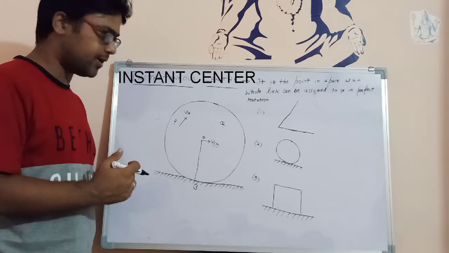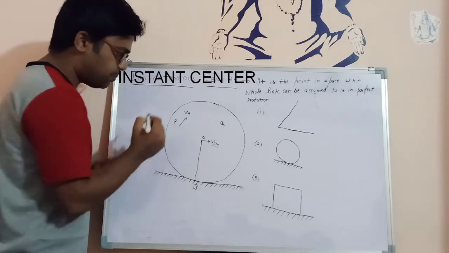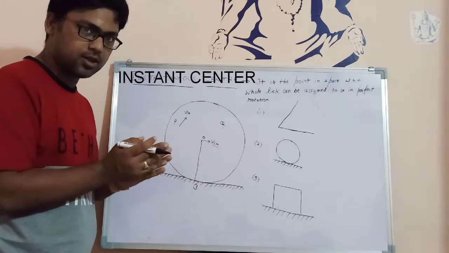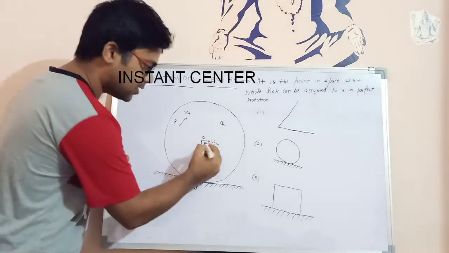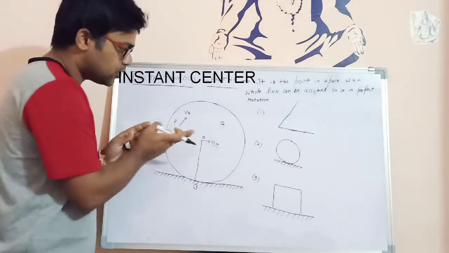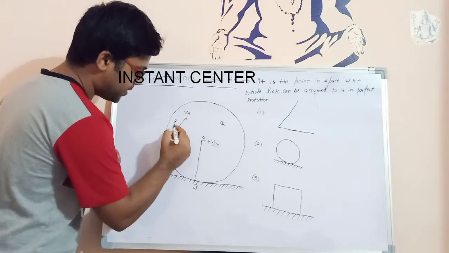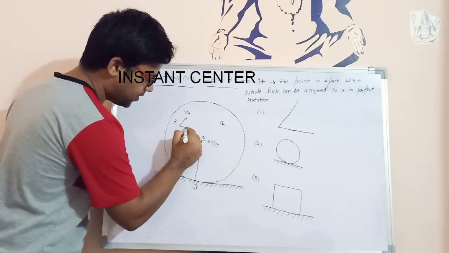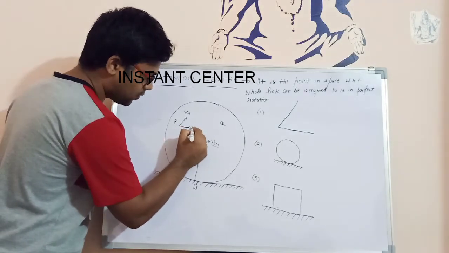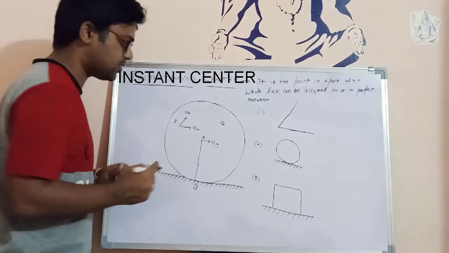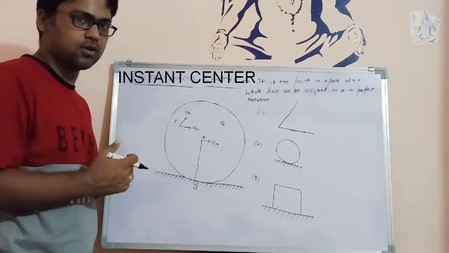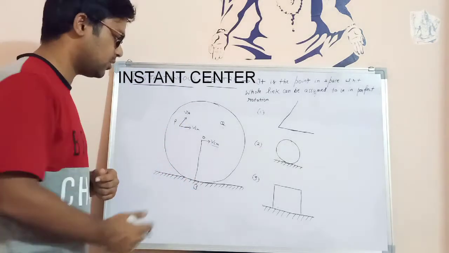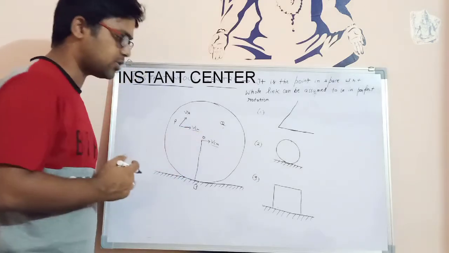After that, at point P we are going to have a velocity because of the velocity of the center of mass. Because of it, this point P will also move in this direction with the velocity of center of mass. So this is the second velocity.